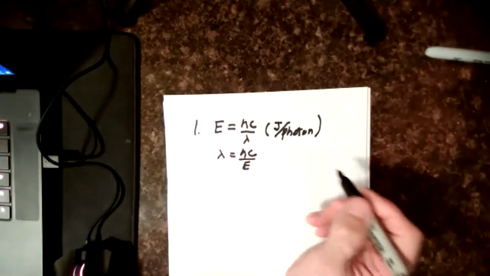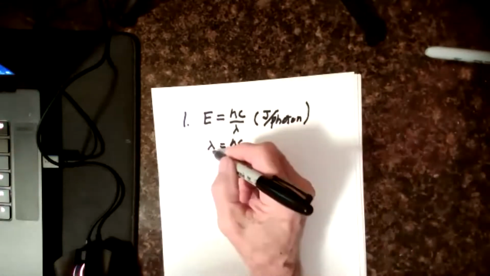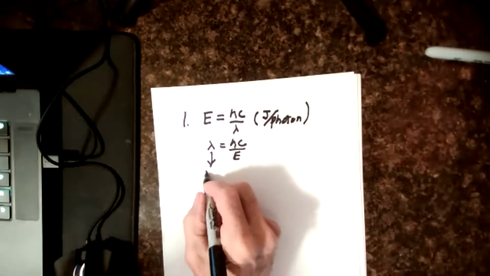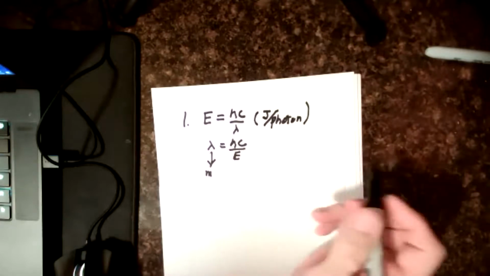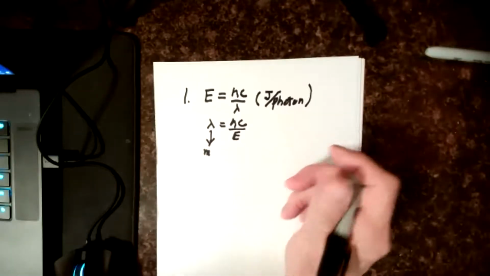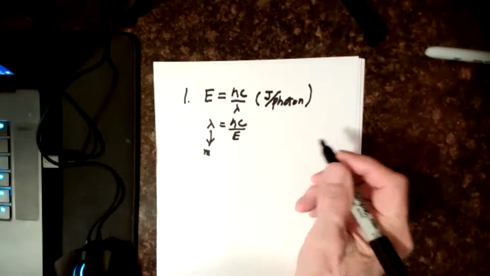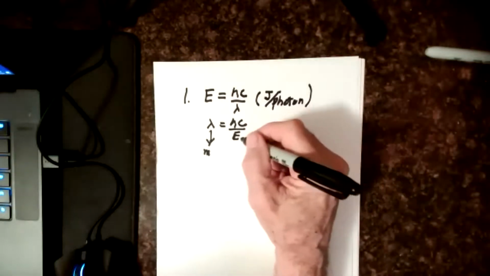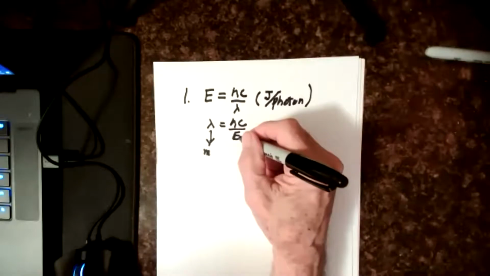Now, the units I'm going to get for the wavelength is going to be meters, because that's distance, and that is the unit for distance in the SI system. Now, here's what the problem is.